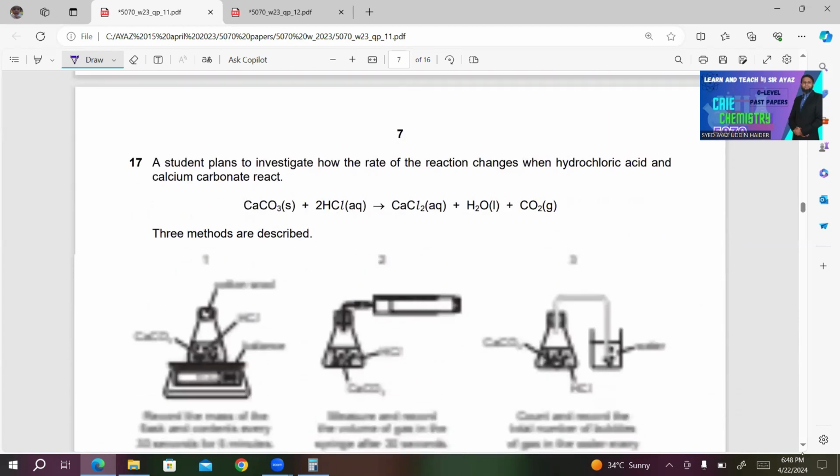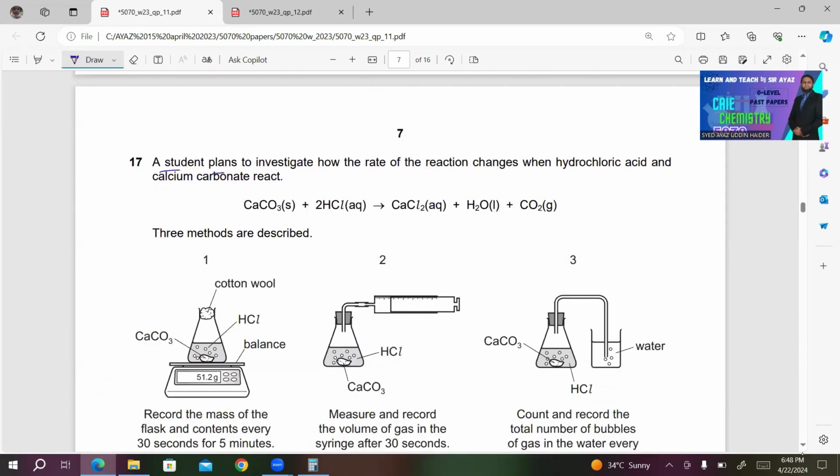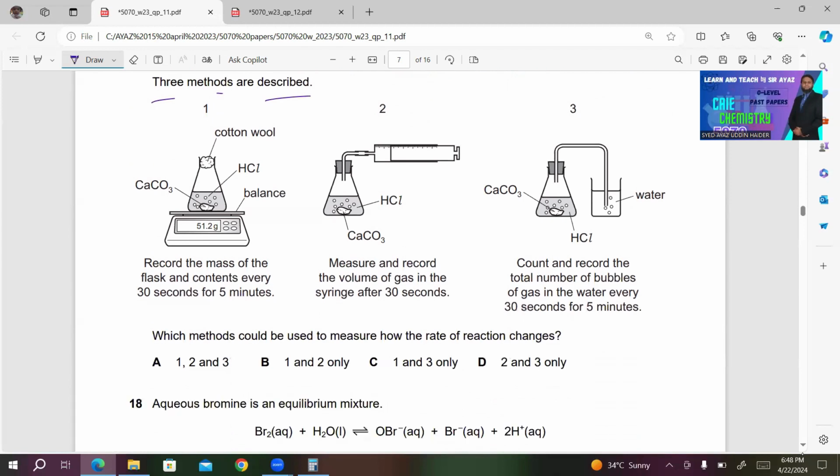Number 17. A student plans to investigate how the rate of the reaction changes when hydrochloric acid and calcium carbonate react. This reaction: CaCO3(s) plus 2HCl(aq) gives CaCl2(aq) plus H2O(l) plus CO2(g). Three methods are described. Number 1, record the mass of the flask and contents every 30 seconds for 5 minutes.